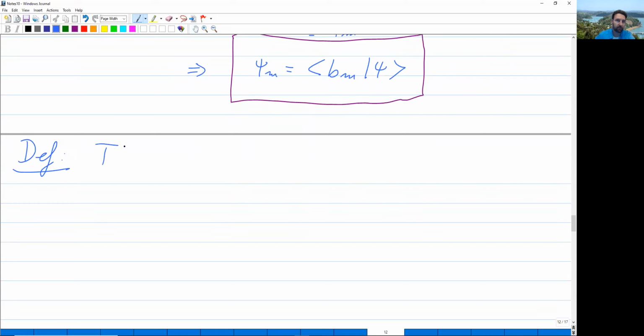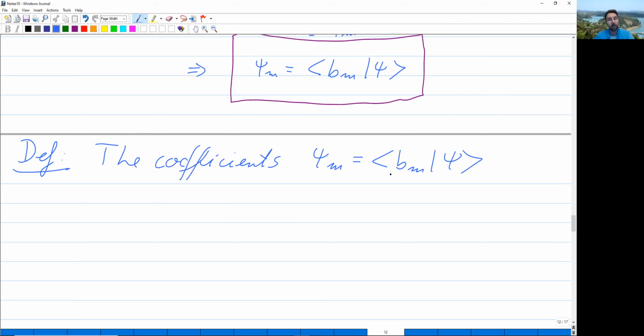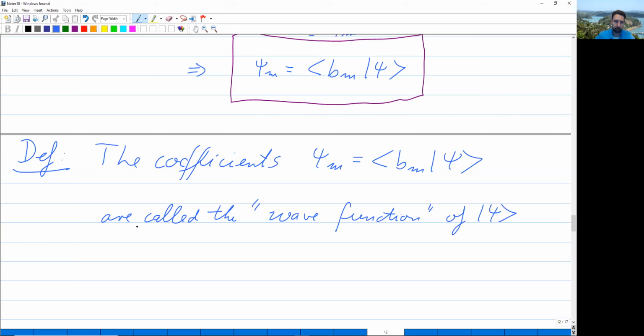These coefficients, the coefficients psi m, which are the scalar product of our vector psi with the basis vector bm, are called the wave function of the abstract vector psi in the basis.